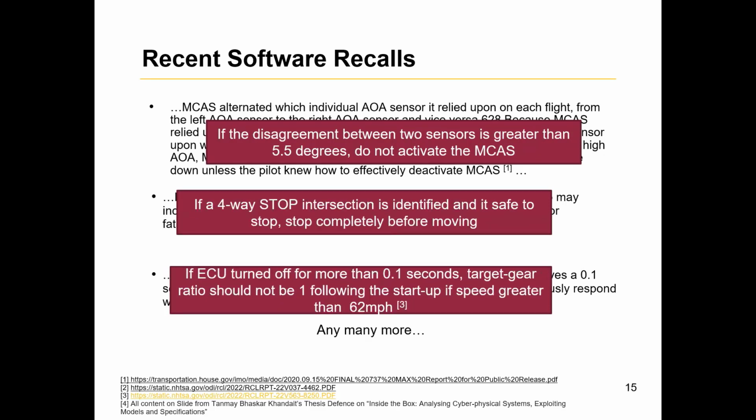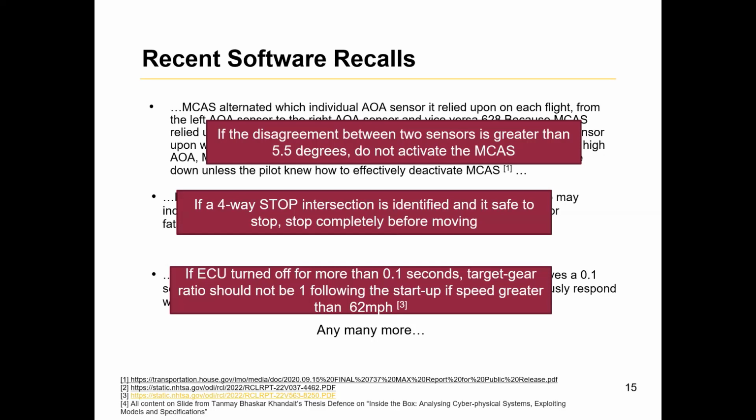So now we can add requirements which mitigate all of these issues. The first example is officially taken from what Boeing did to remove the discrepancy. There were two AOA sensors on the plane, and the MCAS system only used one of those at a time.